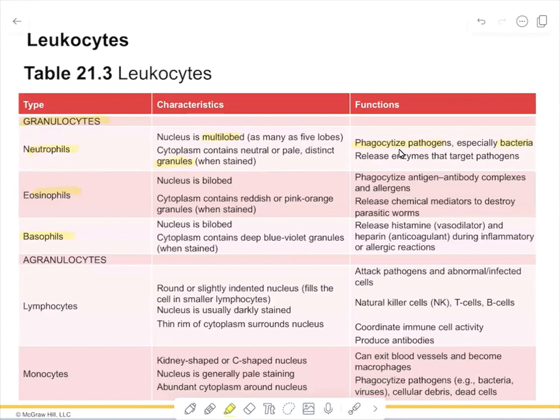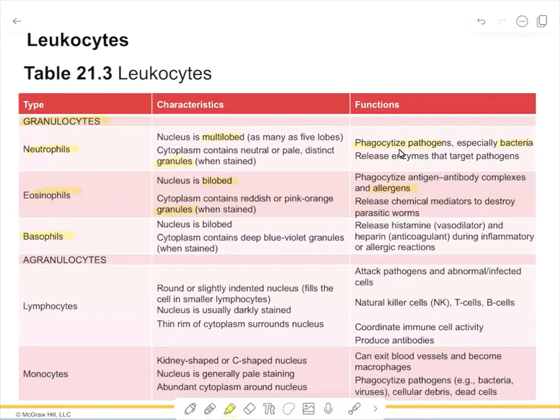For the eosinophil, the nucleus is bilobed and it has granules in it. Its major job is that it plays a role in allergens. So when there is an allergy present, doctors would see an increase in the amount of eosinophils if they did a differential white blood cell count.